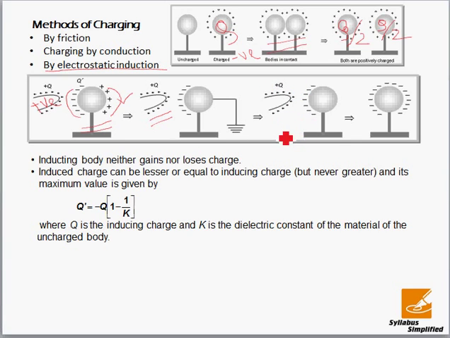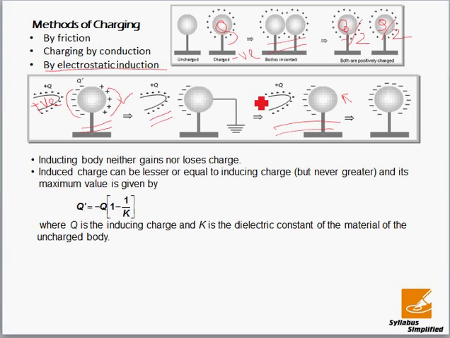Now this will be the scenario if we remove the earthing, that is, the free electrons will remain attracted by the rod, whereas we have removed the earthing. So there is no earthing over here, as you can see.